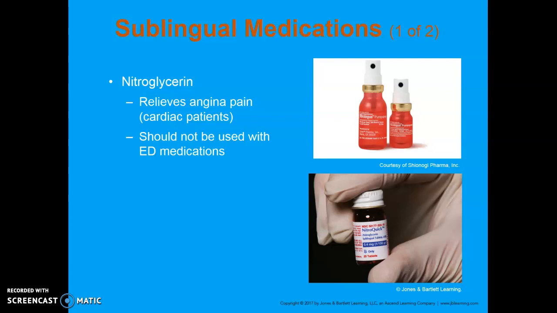Nitroglycerin: many cardiac patients have nitroglycerin to relieve anginal pain. This does not fix heart attacks. It's only for when the muscle is starved for oxygen for some reason other than a clot.